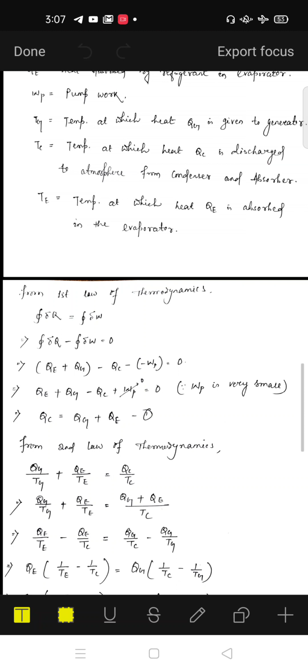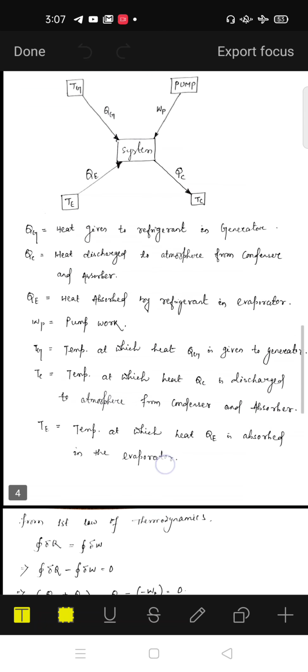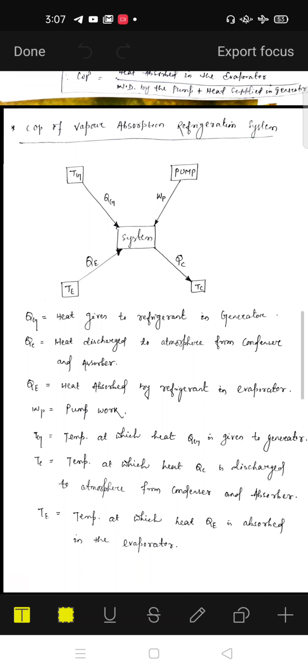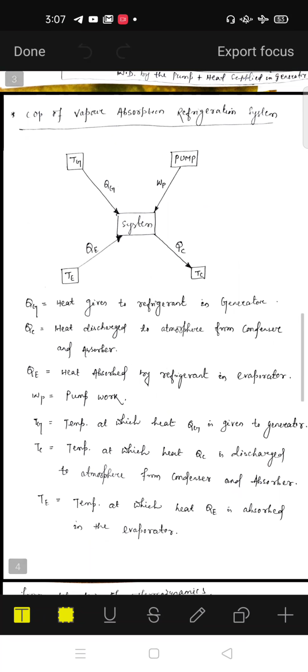So if we neglect Wp, QE plus QG minus QC is equal to 0. And QC will be QG plus QE. So this is my equation number 1. Now from the second law of thermodynamics, you can write simultaneously here, QG is coming from temperature TG.